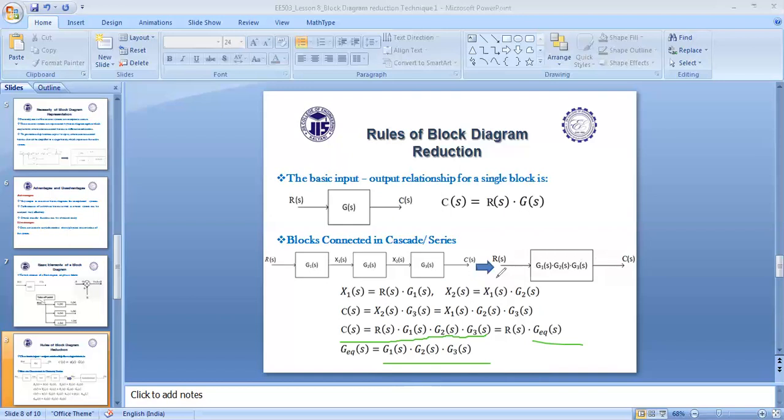So R(s) passing through G1, G2, G3 will produce C(s). This is the overall transfer function if blocks are connected in series or cascade. Again I am repeating, for series connection, individual blocks' transfer functions will be multiplied together.